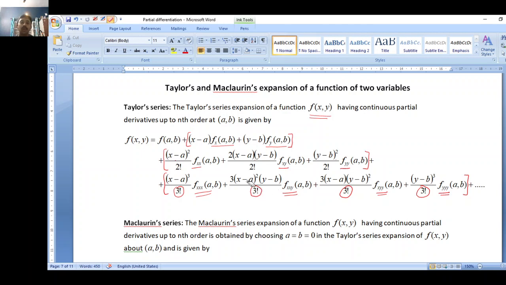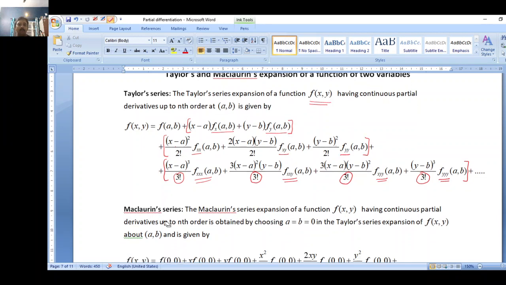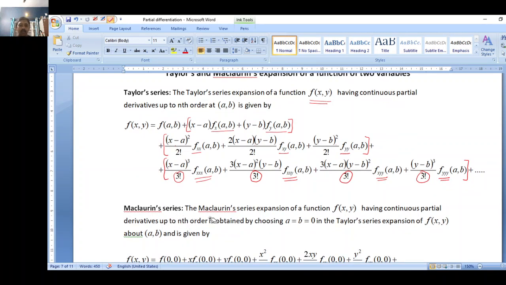Right? Now, a particular case of Taylor series expansion gives you something called the Maclaurin's series expansion. So the Maclaurin series expansion of f of x comma y, of course the condition is the same, having continuous partial derivatives up to nth order, is basically obtained by choosing a and b in the Taylor's expansion as 0.